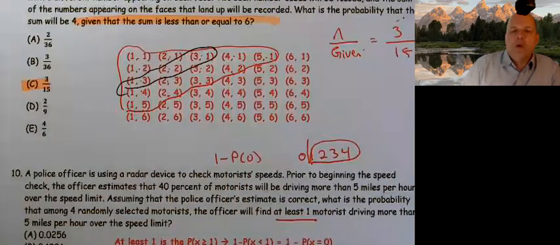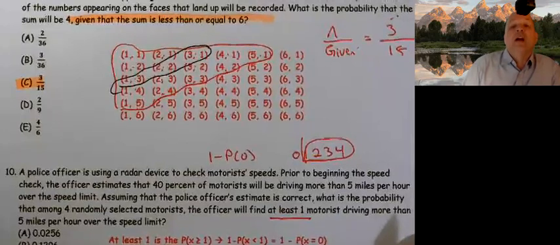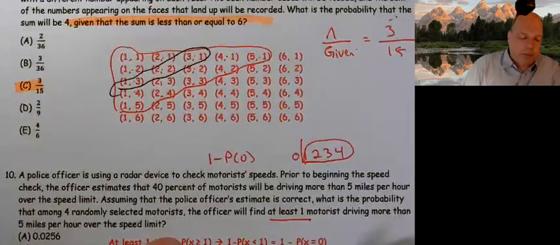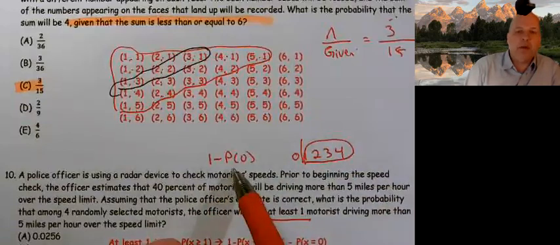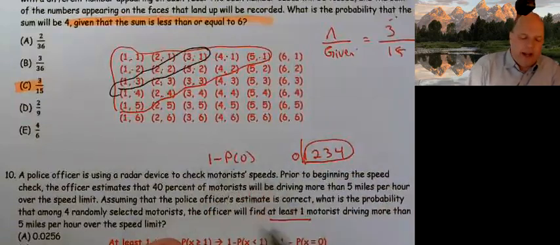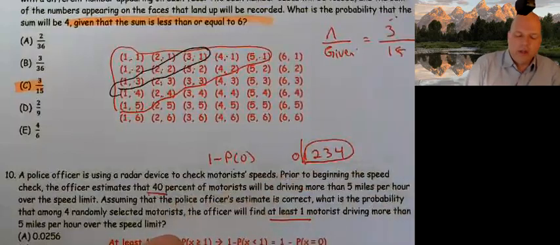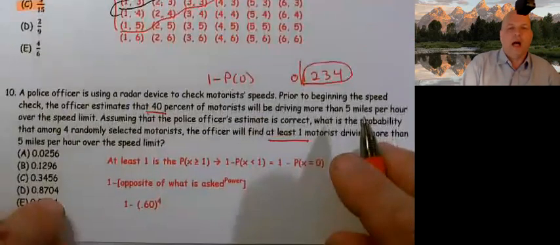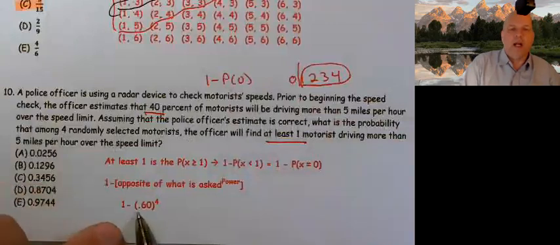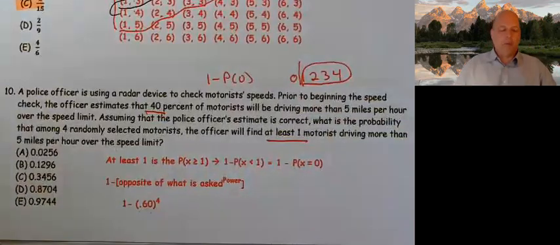Well, remember, whenever we're working with an at least scenario, we do the opposite of what they're interested in. They said they wanted the numbers exceeding the speed limit. So we're going to have to do the opposite of that. They say 40% speed, so the opposite of that is 0.6. So what we're looking for, the opposite of what they asked for, is 1 minus 0.6 to the 4th power.